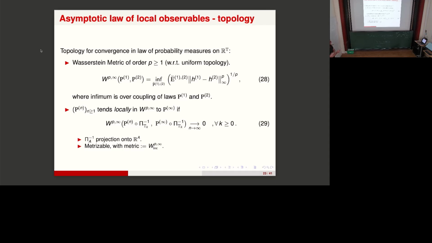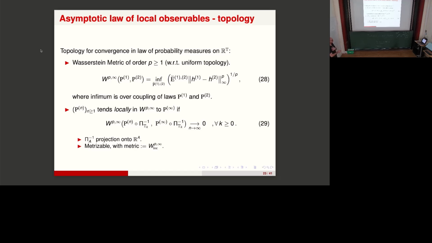And there's also, okay, I'll need this, and also need the local version of this, by which I'm just comparing local neighborhoods, and both of these are metrizable, so I'm going to work with a metric. So I have this W_p infinity, which is the metric for the Wasserstein, and I'll have W_p loc, which is the metric for the local version of this.